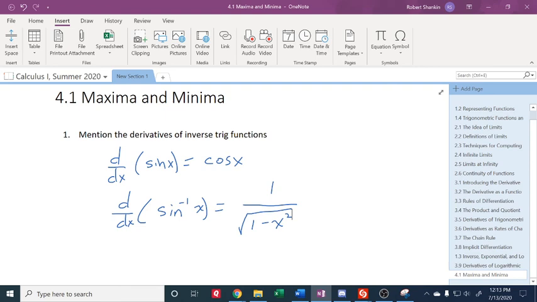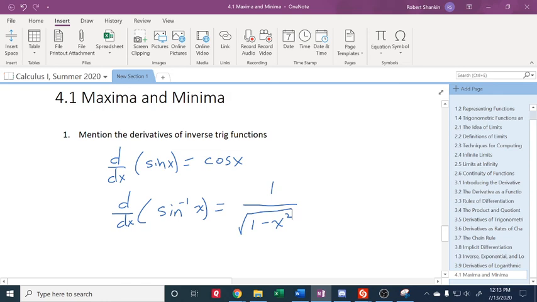And so I limit myself and I exclude certain sections. And derivatives of inverse trig functions in section 3.10 is one of those sections that I chose to omit.